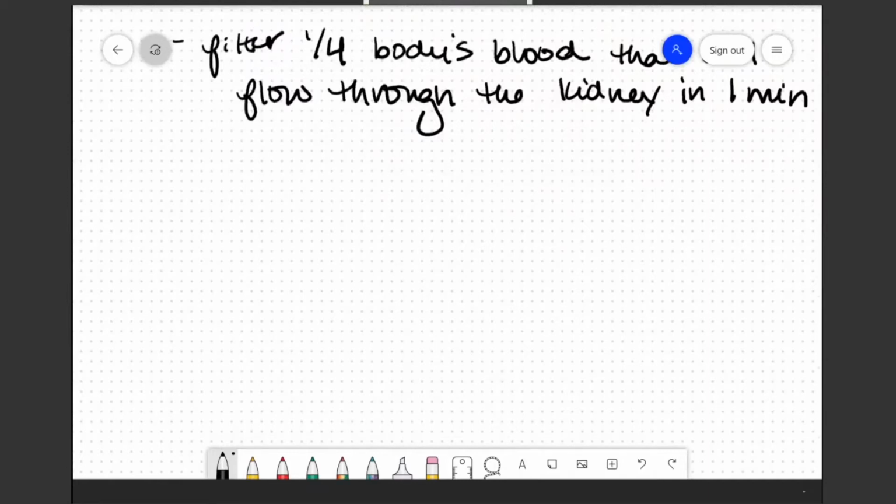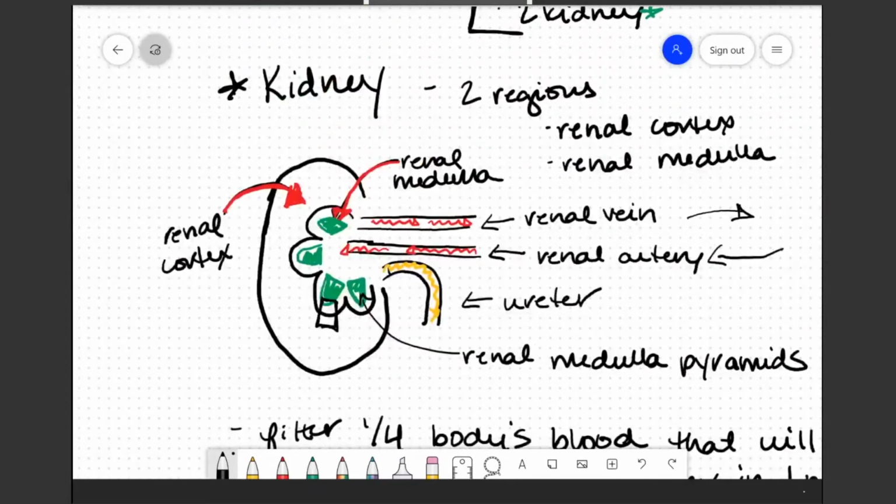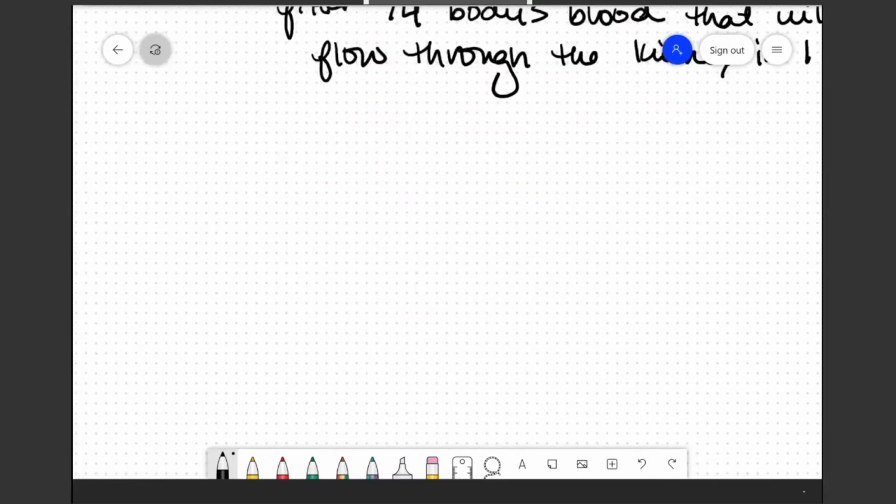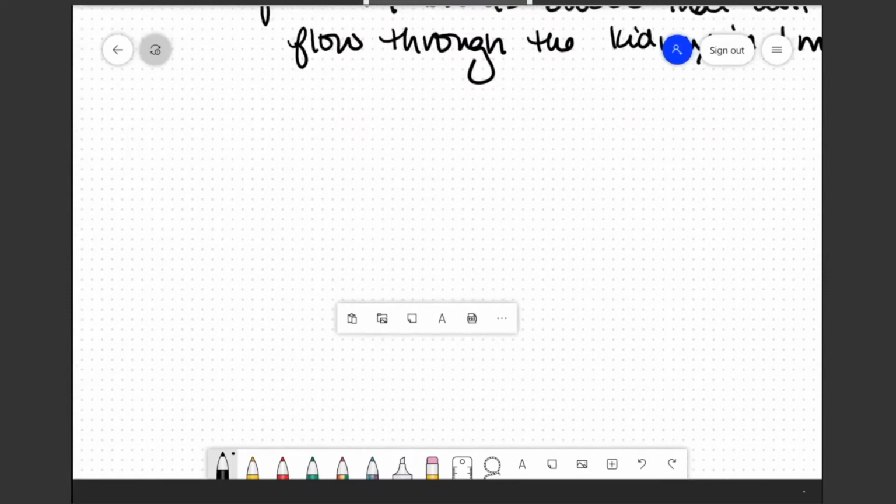Okay. Next, we're going to take what we said was this lovely little section right here, and we're going to blow it up. And that is the connection between the medulla and the cortex. So we're going to draw it right here.